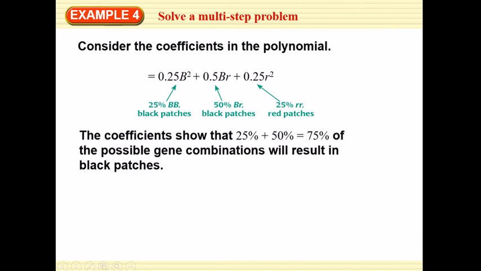So the coefficients show that 25% plus 50% equals 75% of the gene combinations that would have black patches. Another way we could approach this is we know that there's 25% chance of red, so we can take that away from 1, or 100, and get that 0.75 as well.